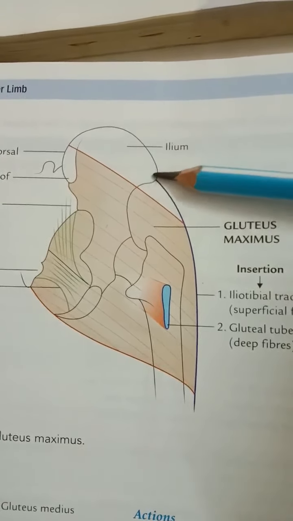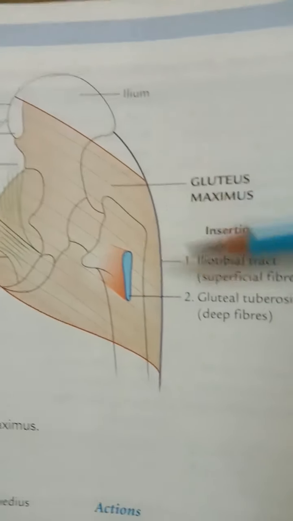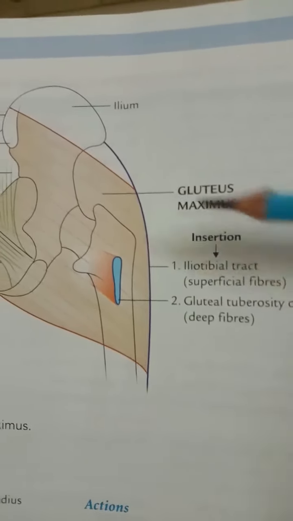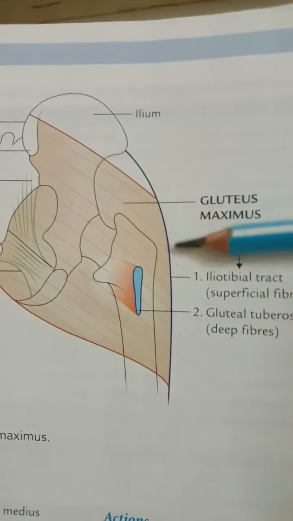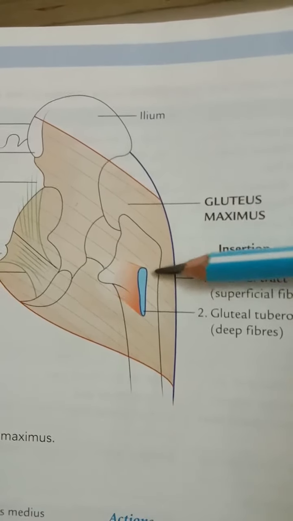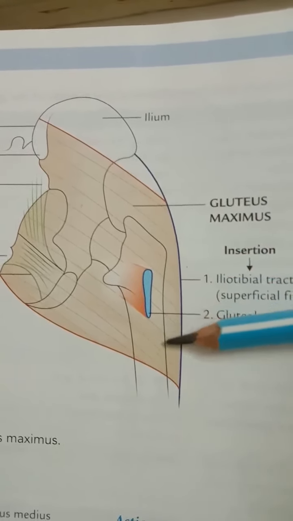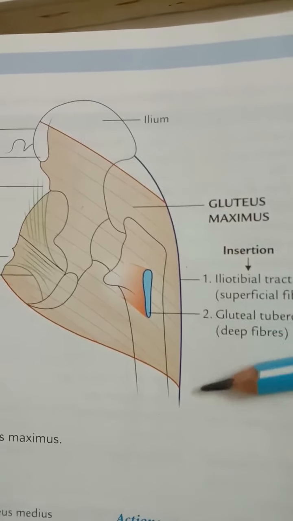So this one. Then it is inserted into the iliotibial tract. So here you can see the iliotibial tract, 3 to 5 centimeters below the level of the greater trochanter. So here is the greater trochanter, and 3 to 5 centimeters below it, the tensor fascia lata is inserted.